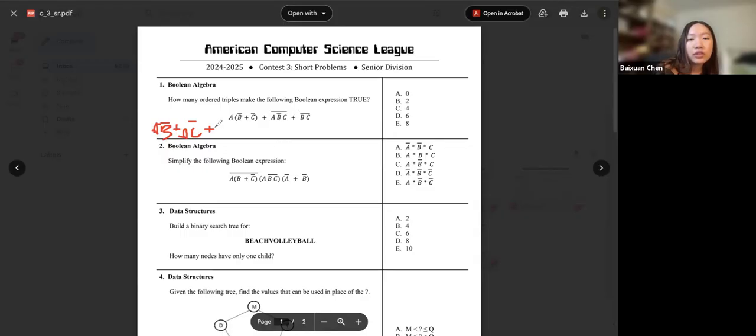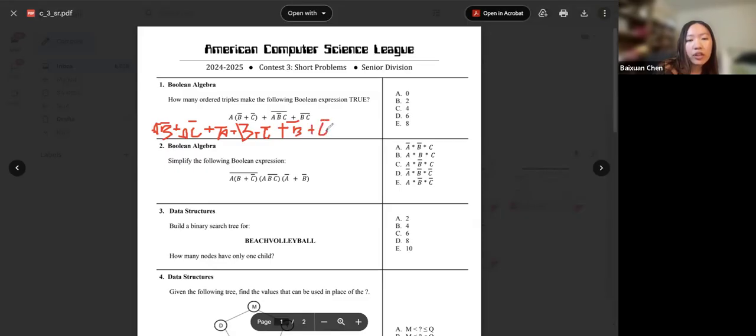You can also do it to three, so it just turns into not A plus the opposite of not B, so it's B plus not C. And then this also turns into not B plus not C.